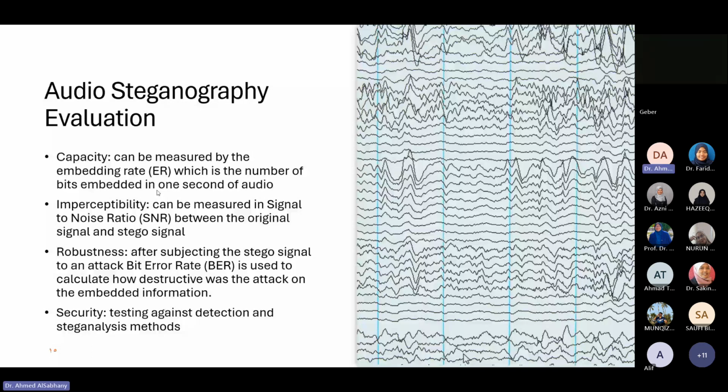And then we calculate the bit error rate on the recovered extracted message, to see how destructive the attack was on the embedded information. Of course, we want the message to be safe and not destroyed by the attack, and we want the embedded message to be as robust as possible.